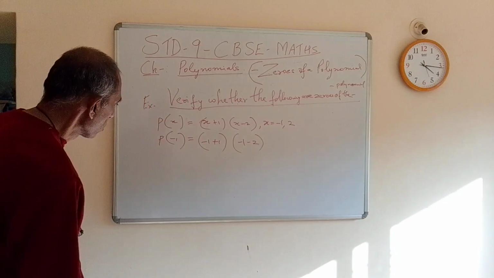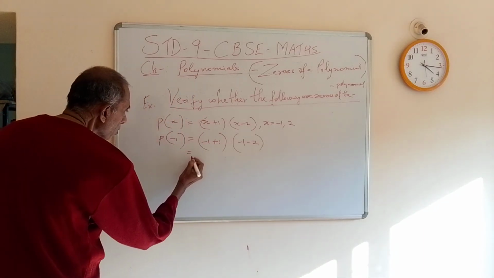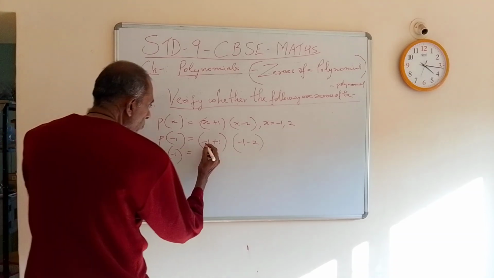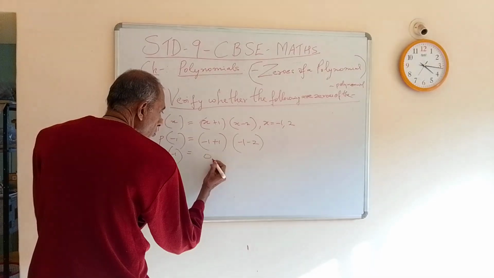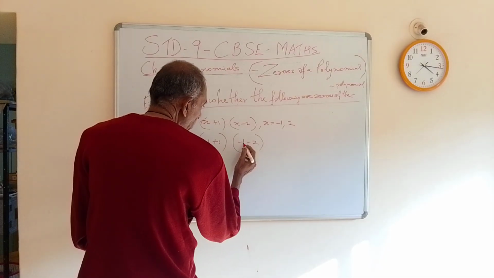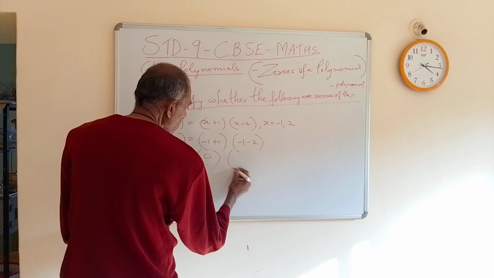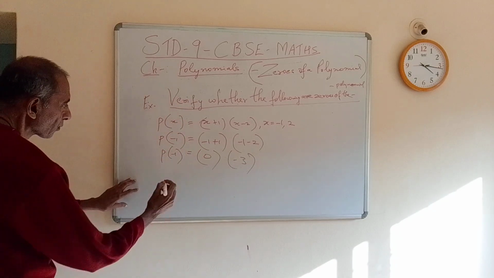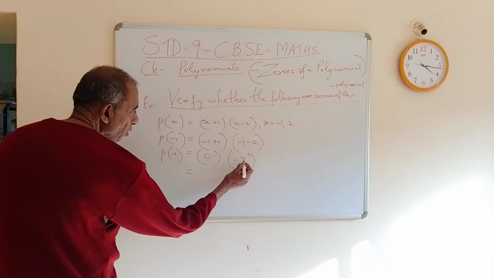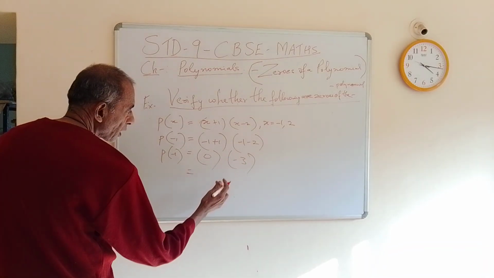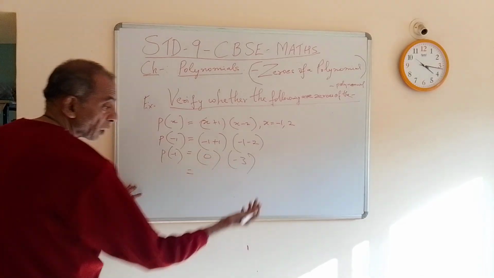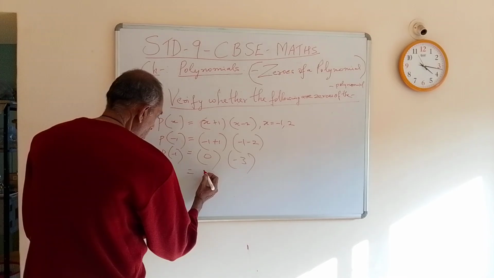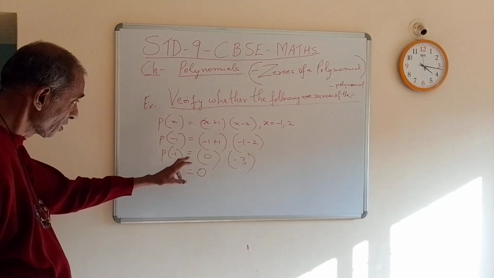So that is equal to: -1 plus 1 will give us 0, and -1 minus 2 will give us -3. So here that is equal to 0 into -3. This is multiplication of both the brackets. So 0 multiplied with any number will give us 0 only. So -3 into 0 is 0. So we got the answer 0 for x.